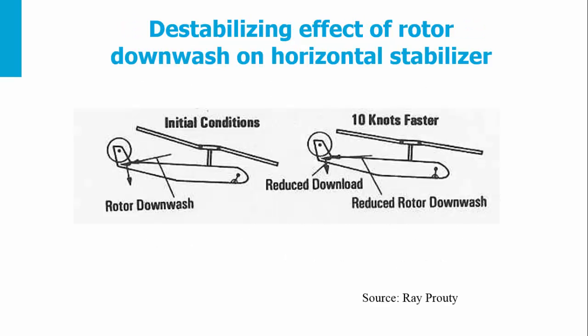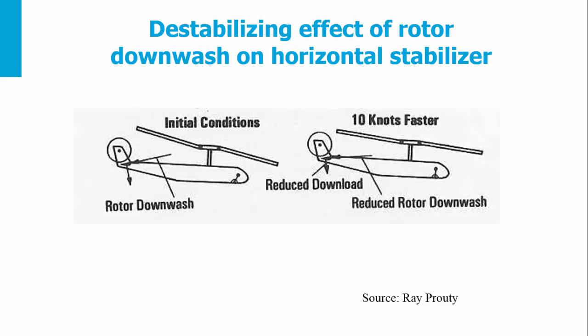For helicopters, we can have a destabilizing effect of the rotor downwash, which acts on the horizontal stabilizer. You see here two pictures. Imagine an initial condition with a helicopter, with the rotor downwash from the main rotor acting on the horizontal stabilizer. Now imagine that we give a perturbation, so we fly 10 knots faster. As the speed increases, the downwash behind the rotor decreases.